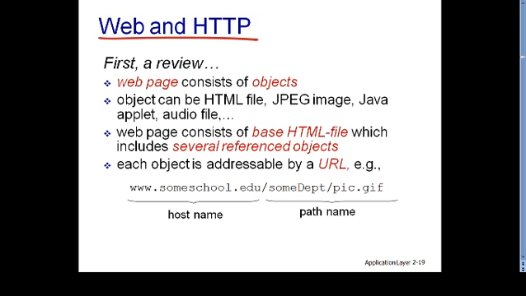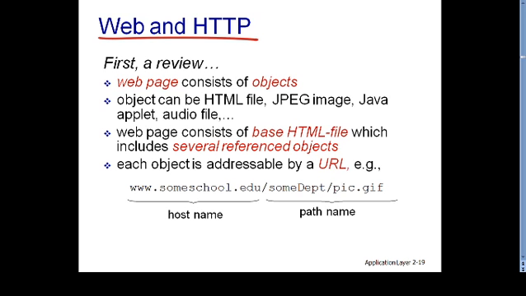So the basic thing you'll find in your web page is an HTML file and some images, Java applets, audios. The main thing that a web page has is the base HTML file, as I told you a few seconds back, and that base HTML file includes several referenced objects.